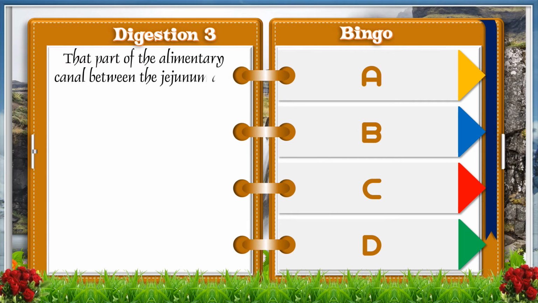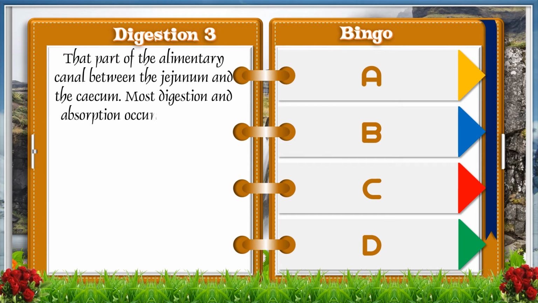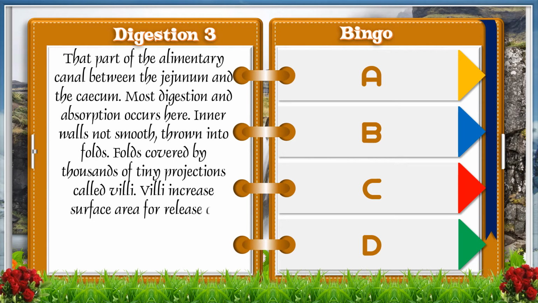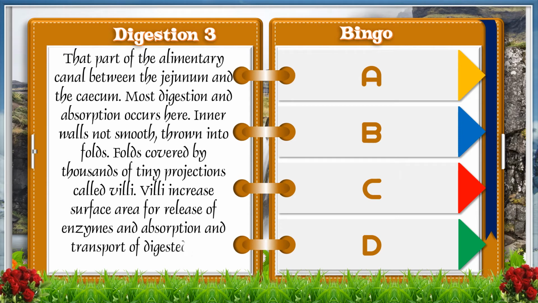The part of the alimentary canal between the jejunum and caecum. Most digestion and absorption occurs here. Inner walls not smooth, thrown into folds. Folds covered by thousands of tiny projections called villi.